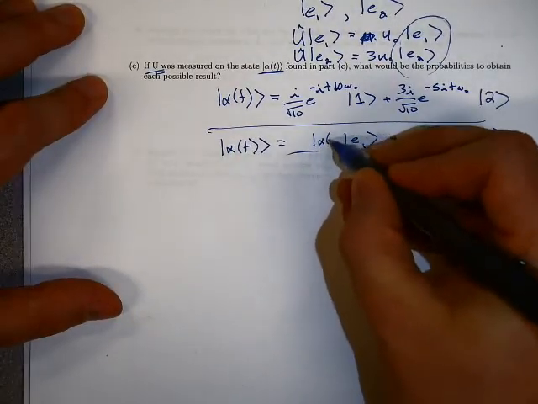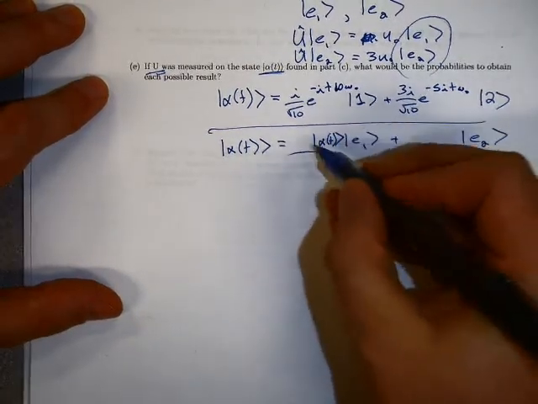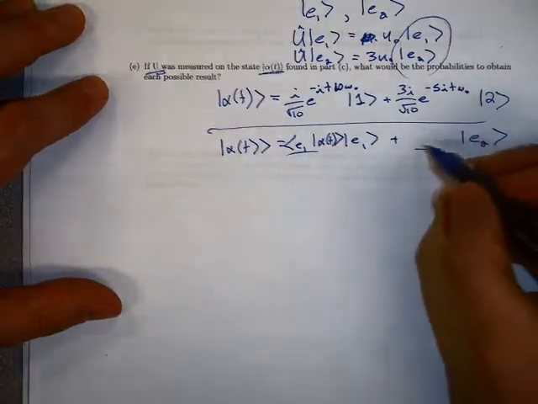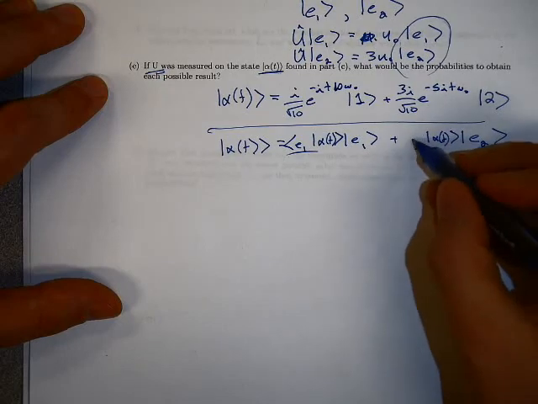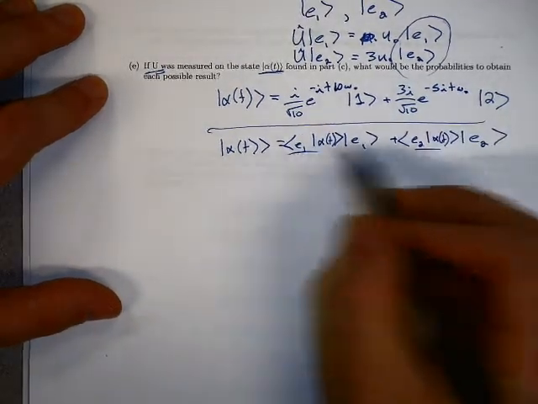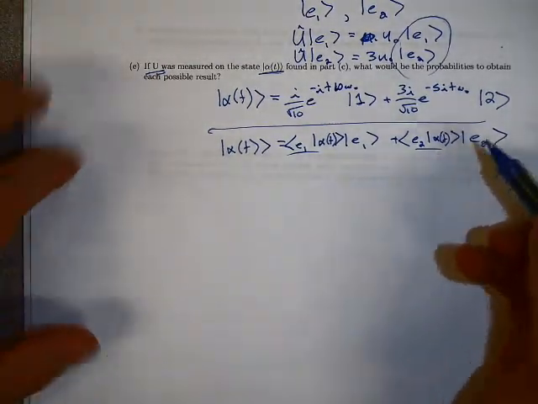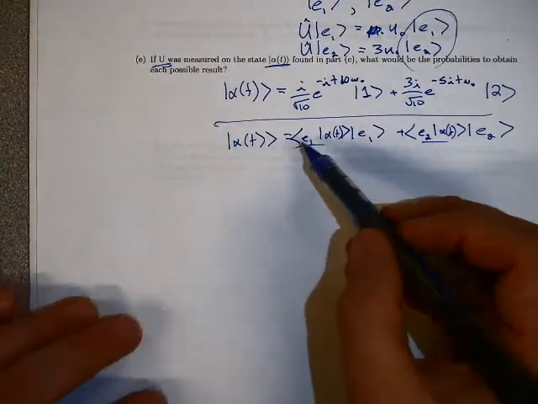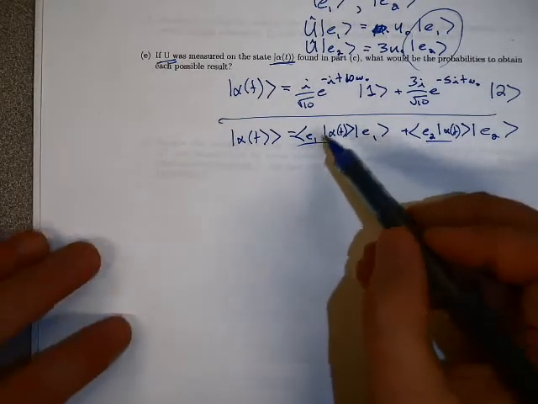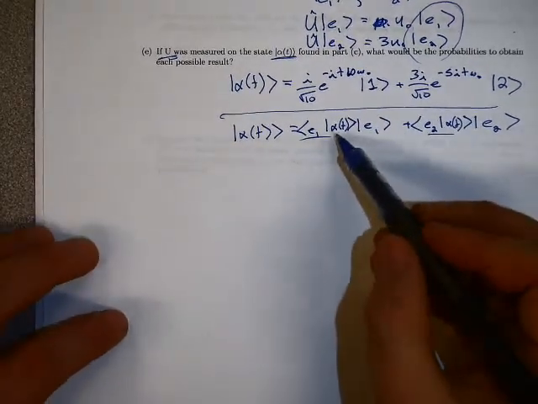Well, they're nothing more than what we did already: the inner product of alpha t and E1, and alpha of t and E2. We're going to do this inner product because we know alpha in the 1-2 basis. So let's give this a try.